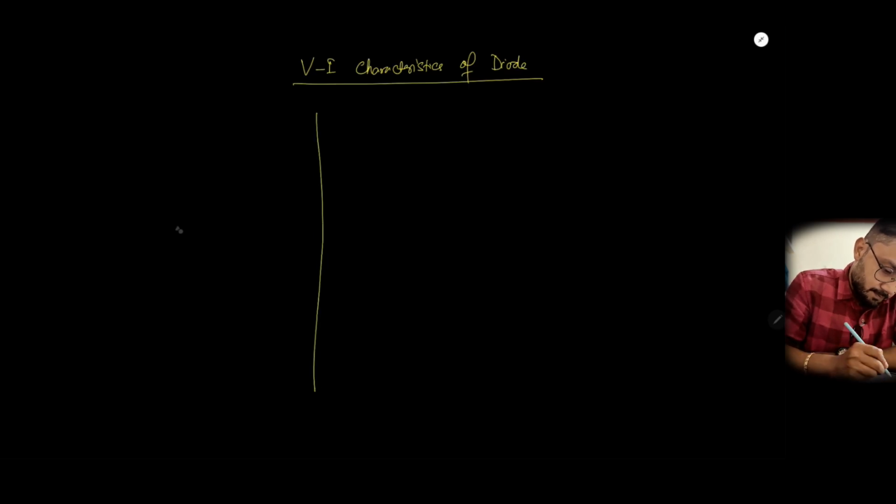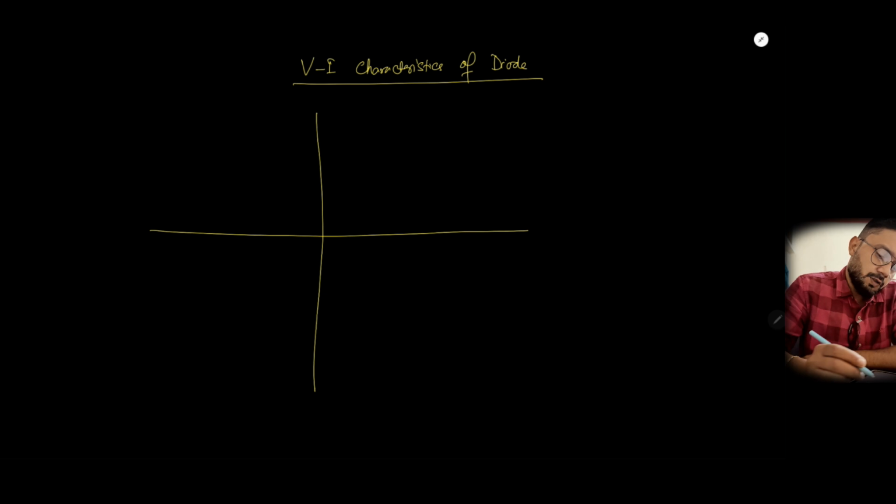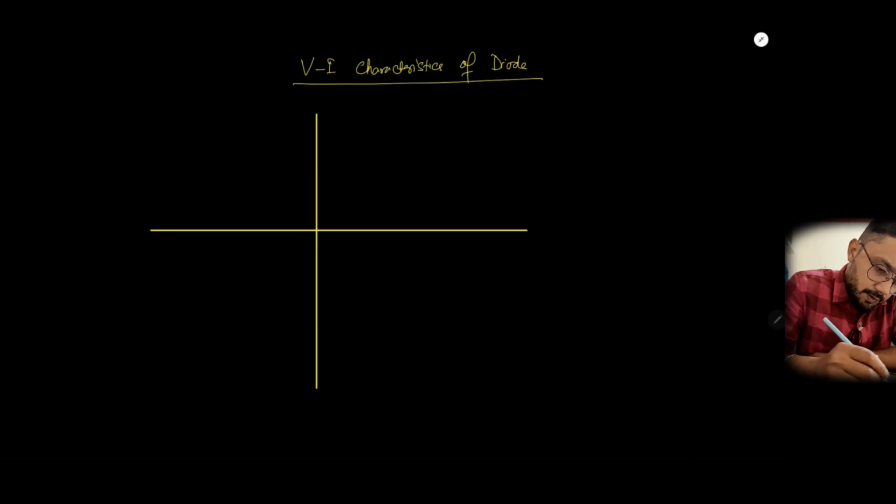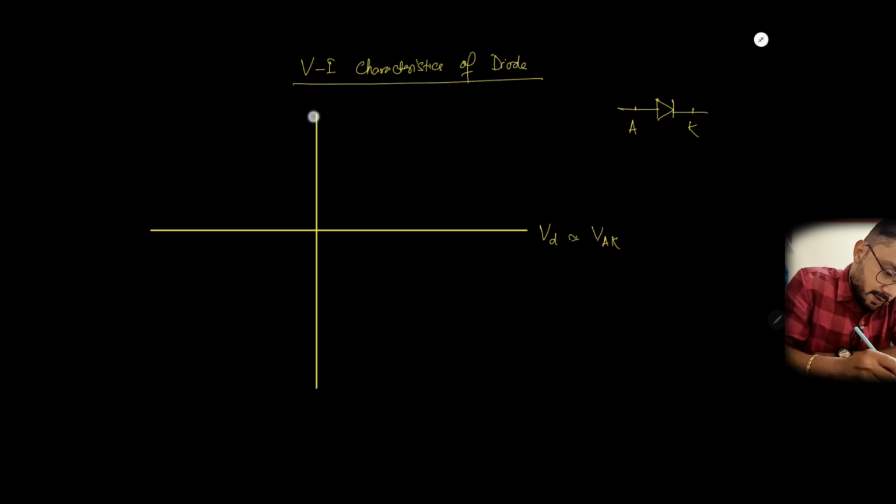Now suppose I want to draw the VI characteristics of a diode. Suppose this is the voltage across the diode, that is VAK, and this is the current trying to flow through the diode.